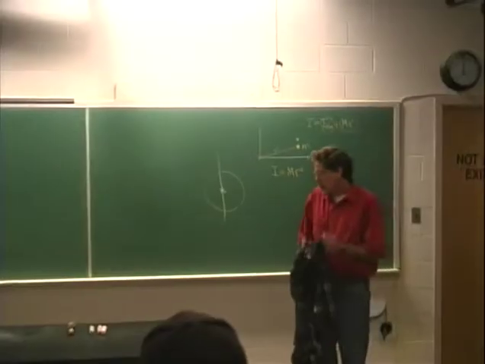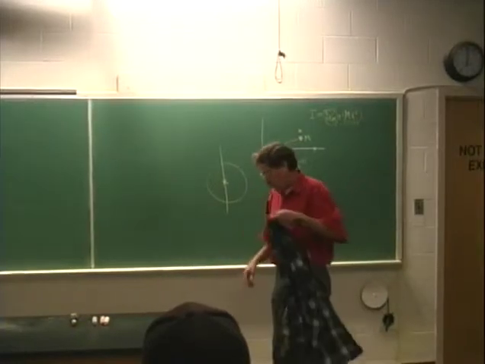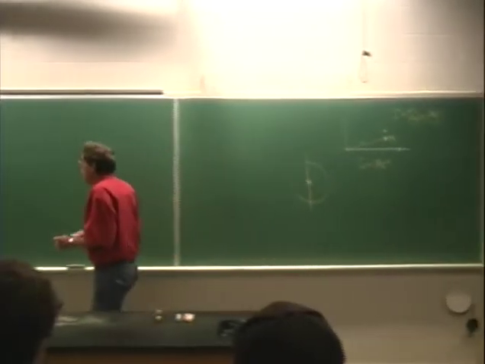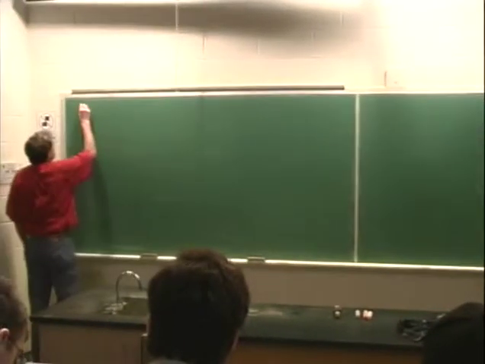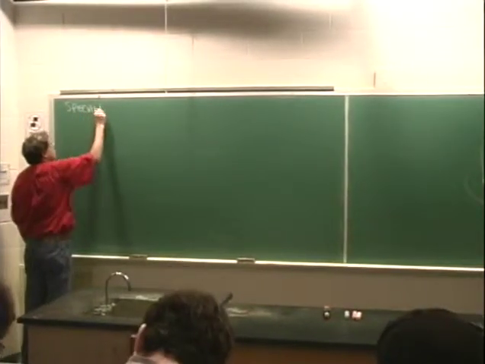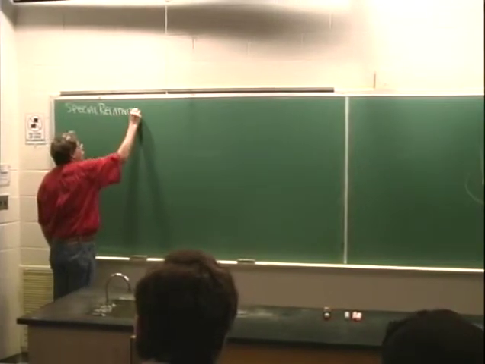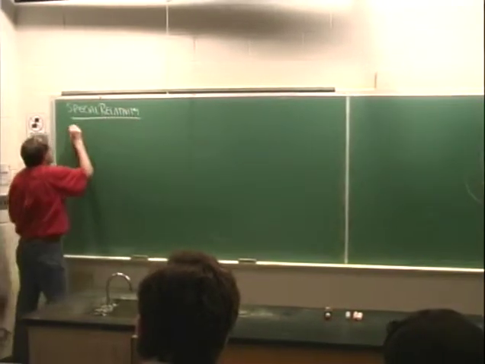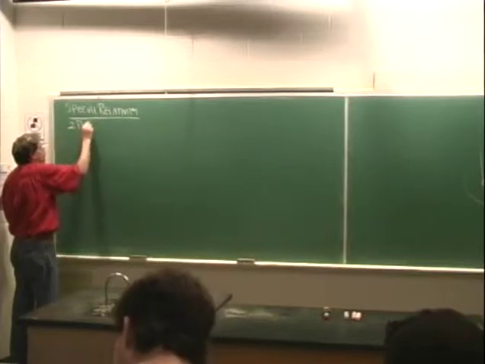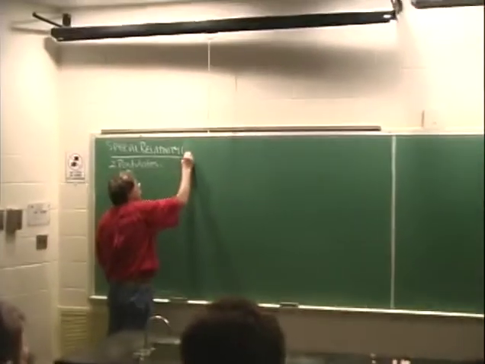Last time I started the subject of special relativity. Let me put back in more refined form the two postulates on which Einstein based the theory. Remember, this dates from 1905.